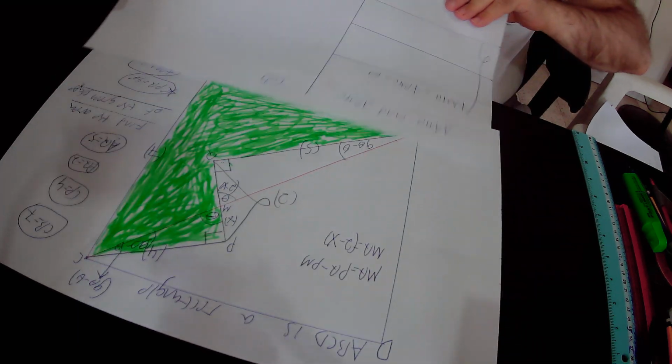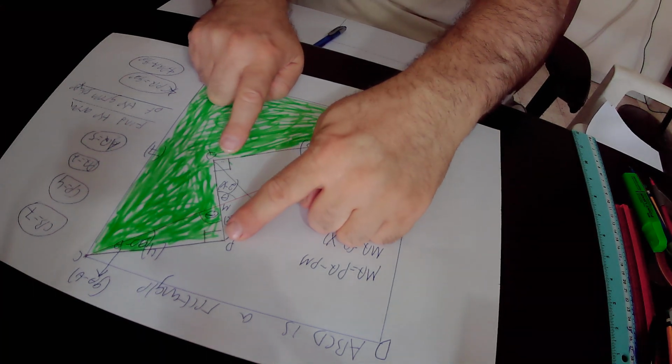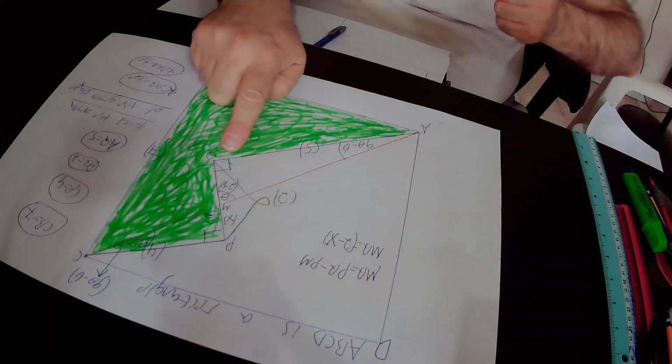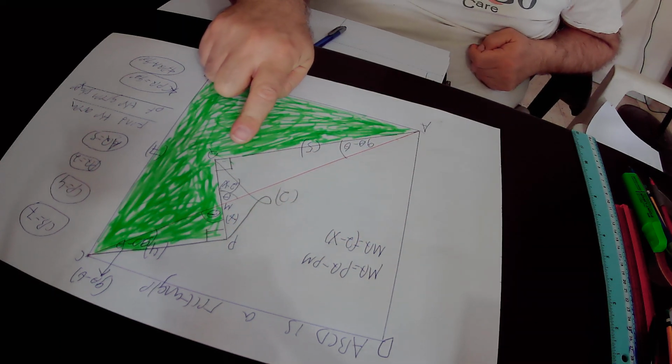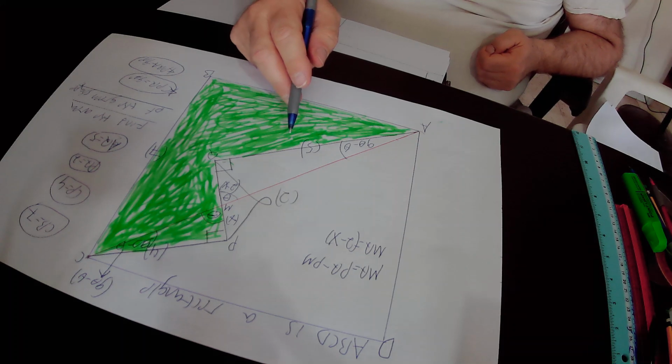In addition, those two angles are both right angles, therefore they are equal to each other. So actually this is angle AQM in the right triangle AMQ, and it is equal to this angle.